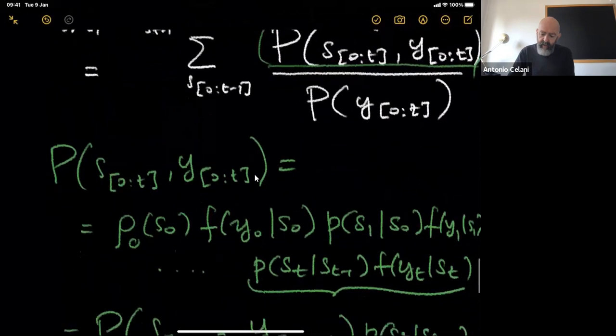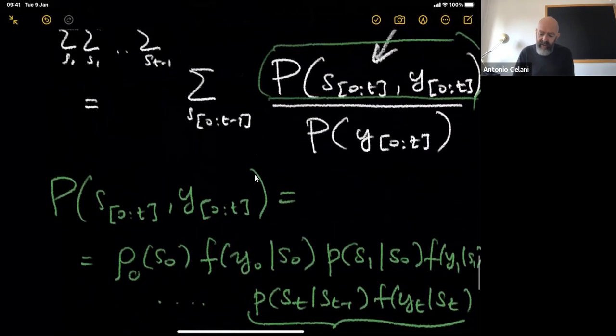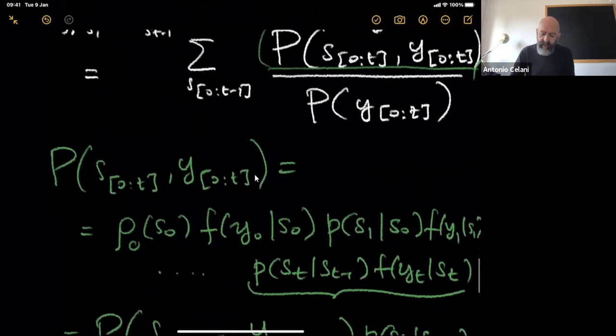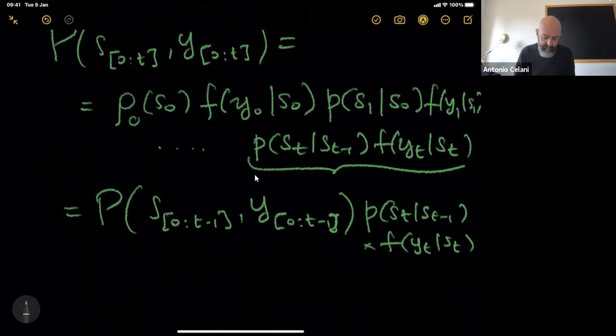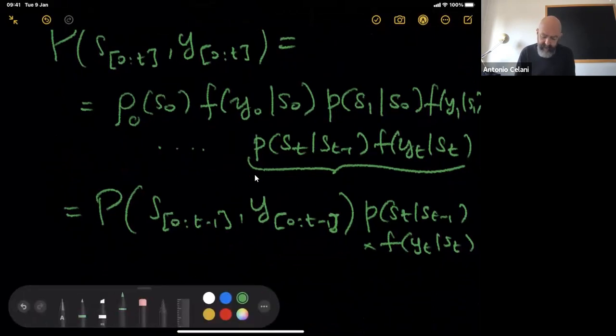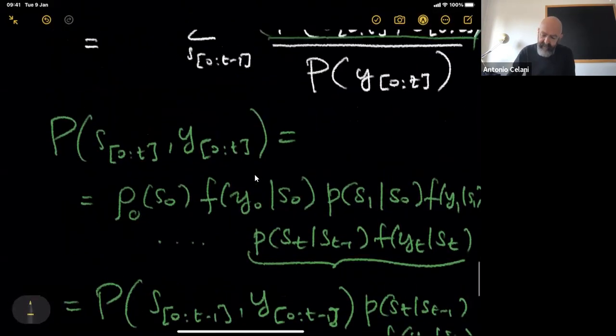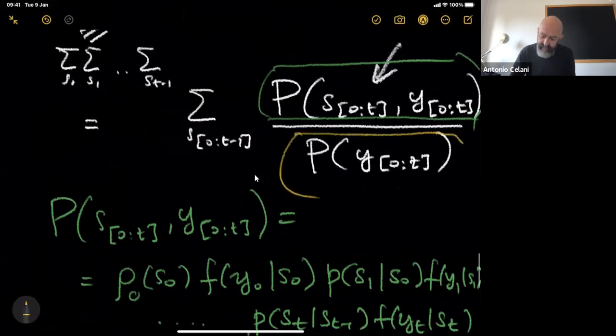So now what I'm going to do here is I'm going to use this object and replace it in the numerator. But before that, I have to manipulate a little bit also the denominator. Sorry, I'm mixing up. Yeah, which is nothing but the marginal over the states of what I have up above.